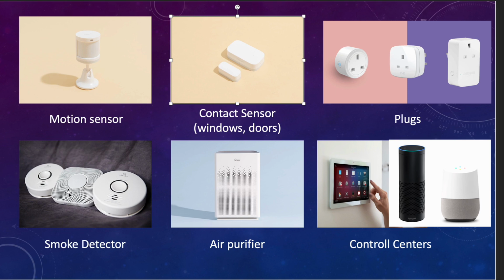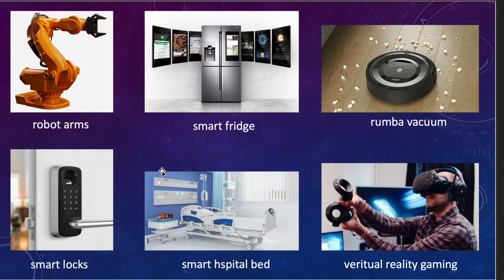So for the initial data processing, for example, if you take the Roomba vacuum, right, it will navigate throughout the house by itself, right? If you take the smart lock, the fingerprint will be read by itself, and the authentication will be done by itself. So it will use the internal set of data it has to authenticate.